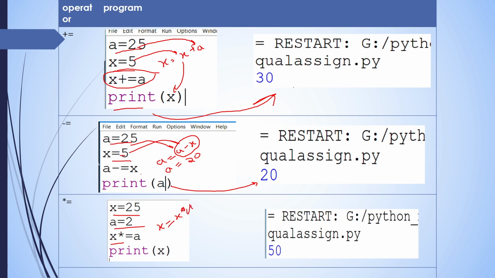Then 25 into 2, then output is 50. Okay, the output is 50. It will print 50 when we show it on the output.